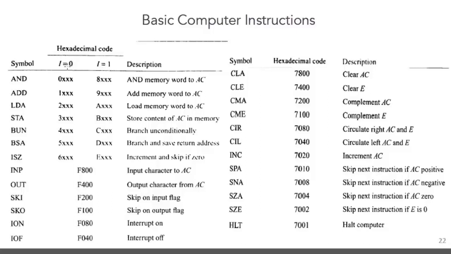When the value of the indirect bit is 0, AND will have the value 0xxx, and with 1, 1xxx. I told you earlier that the value of the opcode can be from 0 to 6, that's why 0 to 6 is written here. These 3 bits xxx are actually representing the opcode.